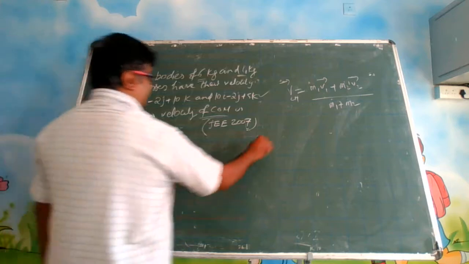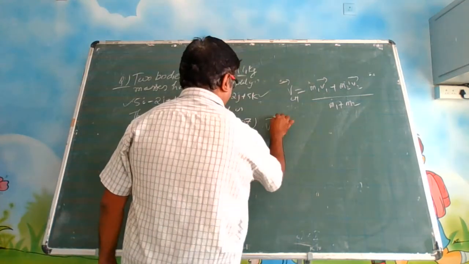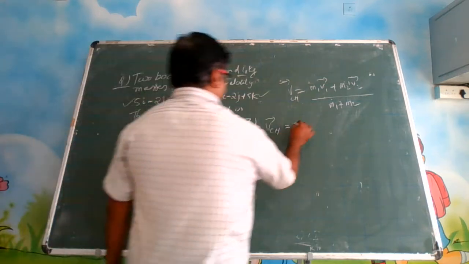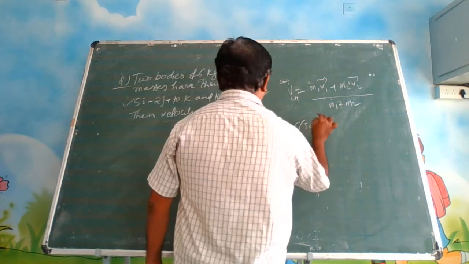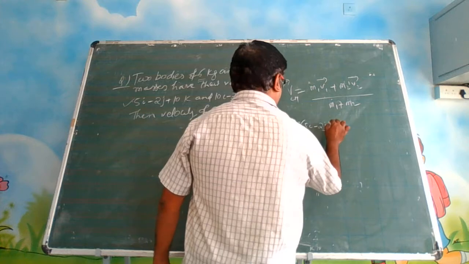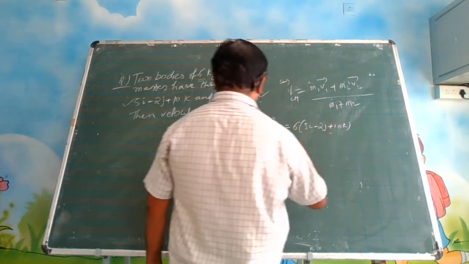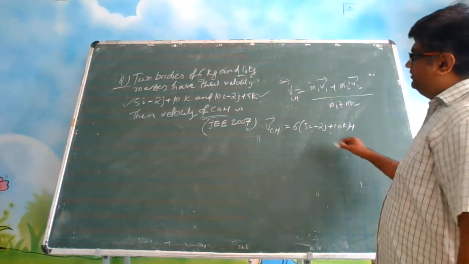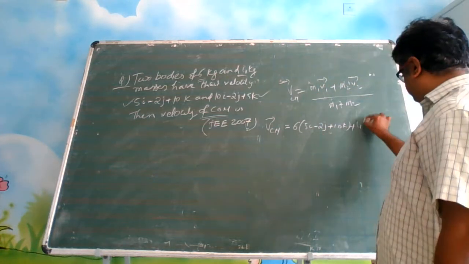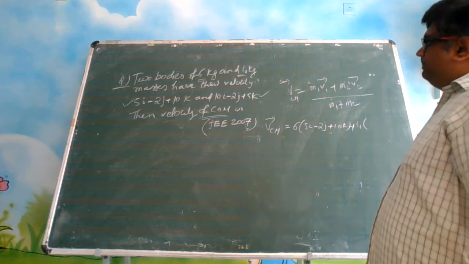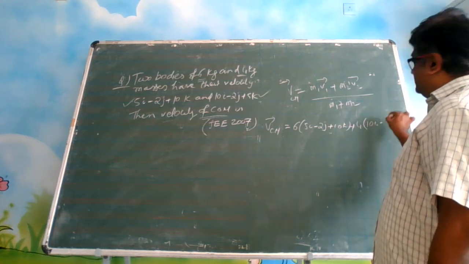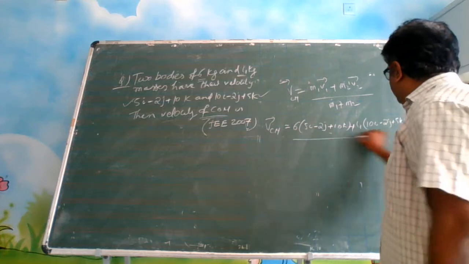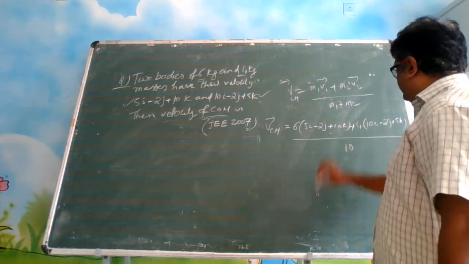So here VCM vector will be equal to m1, it is 6 into 5i minus 2j plus 10k plus the second mass is 4 kg, 4 into 10i minus 2j plus 5k divided by 6 plus 4, it is 10.